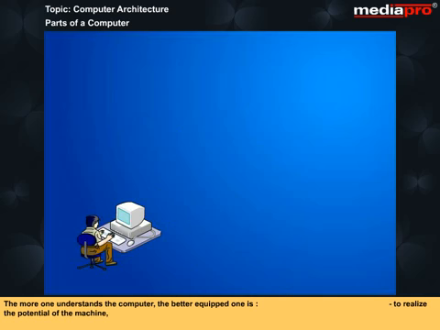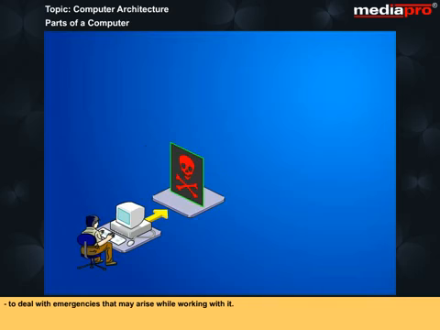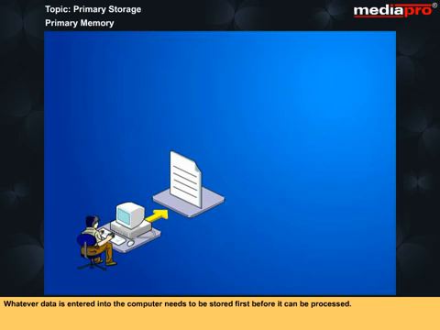The more one understands the computer, the better equipped one is to realize the potential of the machine, to recognize the best software and hardware one needs, and to deal with emergencies that may arise while working with it. Whatever data is entered into the computer needs to be stored first before it can be processed.